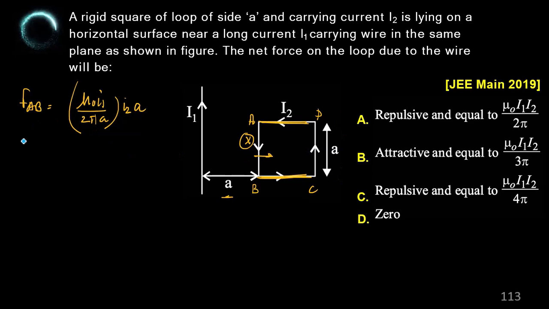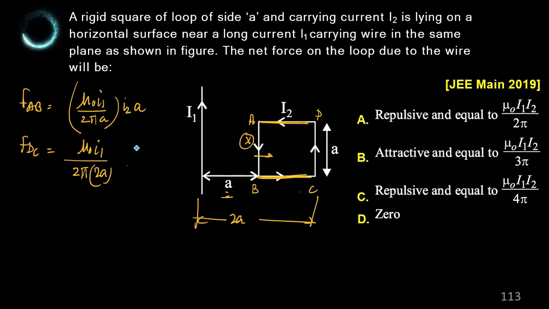Another force on BC, where F on DC, magnetic field কত লিখবো এখন? μ₀ I1 by 2π into a plus a. এই ডিসটেন্সটা কত, 2a না, μ₀ I by 2πd. So 2a into I2 into a. Again now magnetic field is cross. So cross. So force is towards left.